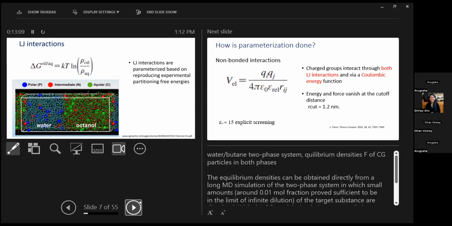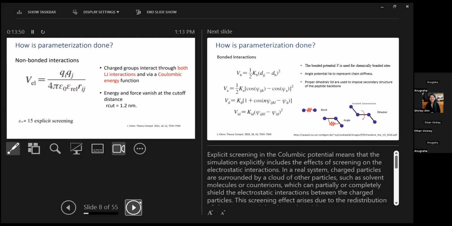For example, if we mix the amino acids in water or in butanol or octanol, we calculate the equilibrium densities of these beads in the oil phase and in the water phase and calculate delta G. So we try to match delta G from the calculations, like long enough MD simulations, with the experiments, and parameterize or iterate them until they match, to reduce the error between the experimental delta G and the MD values.